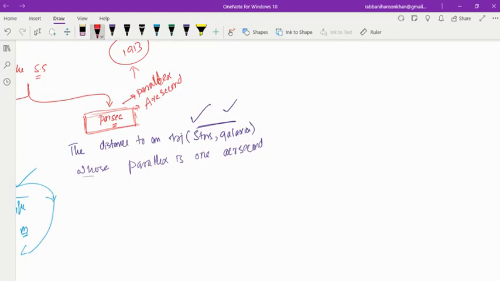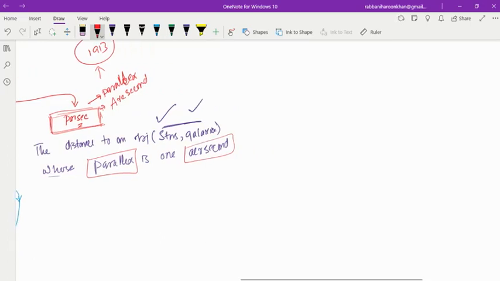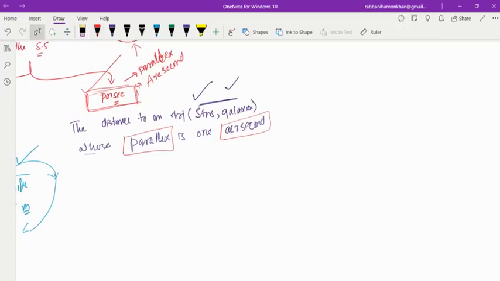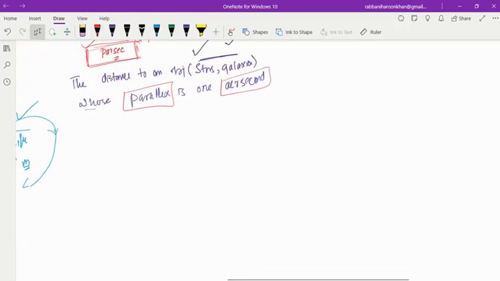Now we must understand what parallax is and what an arc second is. Understanding these two terminologies is directly linked to understanding the parsec concept. So parallax: suppose this is our Sun and this is the orbit on which Earth imaginarily moves around the Sun.